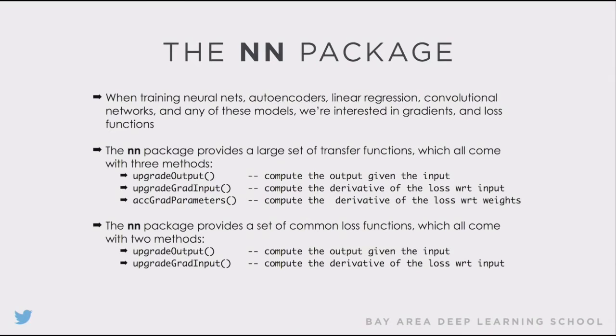There's not a lot of API to the NN package, so if you learn these couple of functions, which will be in the slides for later if you want to refer back to them, you'll understand all the mechanisms you need to know to push data through a neural network, and then to push it through a criterion or a loss function, and then to pull those gradients back in order to make a gradient update to your model. So these are really the APIs, the levers that you need to know to drive your neural network.